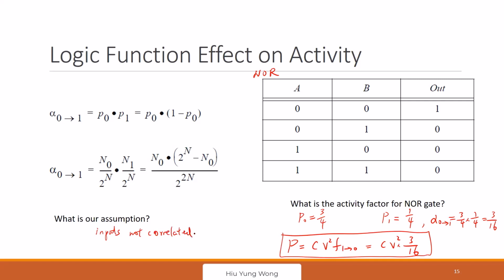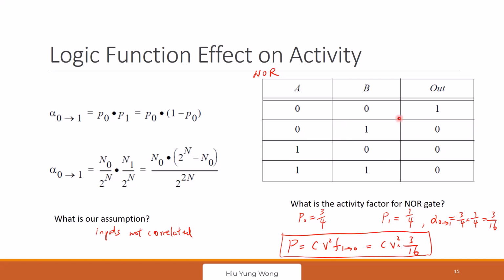If you have a logic function that always gives you 0, when A is 0 it gives you B 1, if A is 1, B is 0, then you basically see that it's always 0. You never switch. Your logic doesn't consume any power. Of course, this becomes a useless logic. You should have pruned it already in the optimization process.